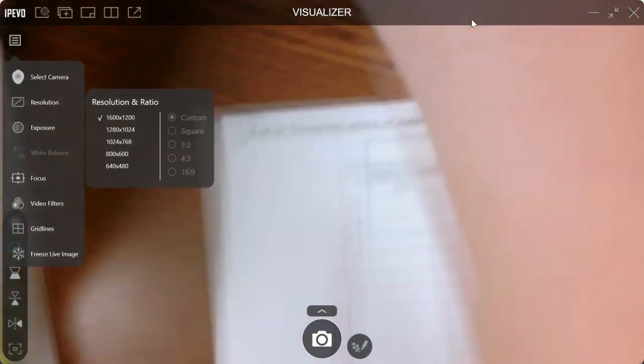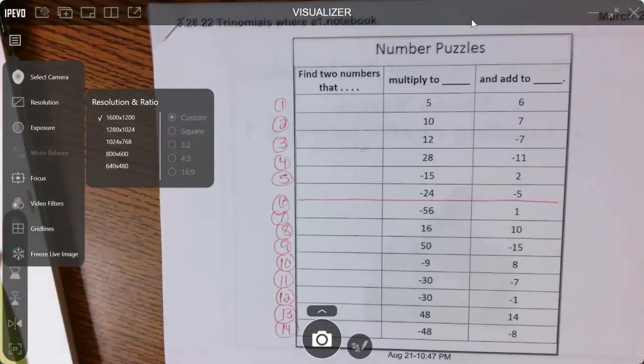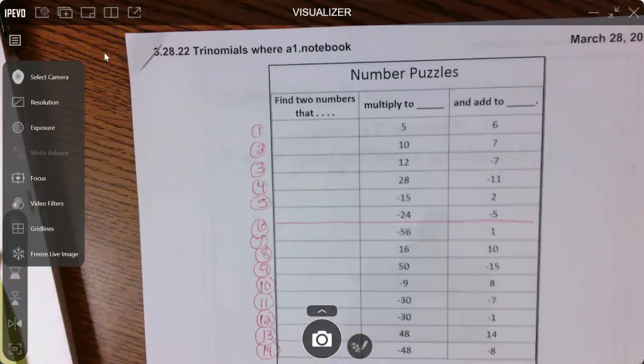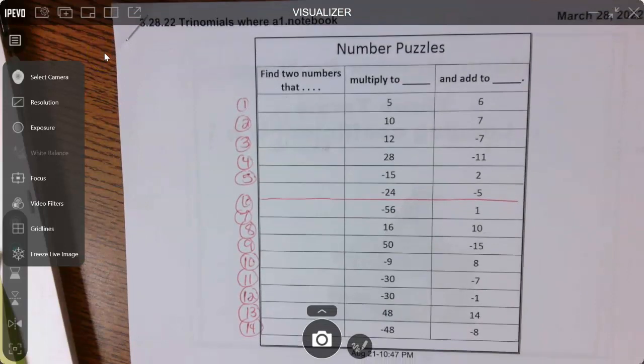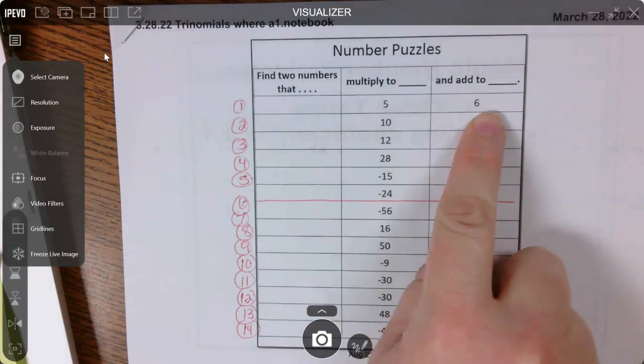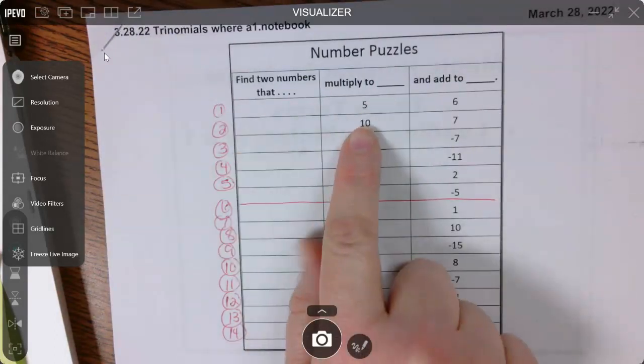This is when we get into factoring trinomials. A lot of what factoring trinomials involves is coming up with two numbers that multiply to something and add to something else. Like example 1 here.